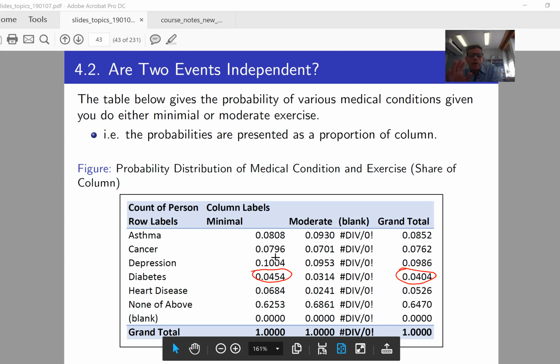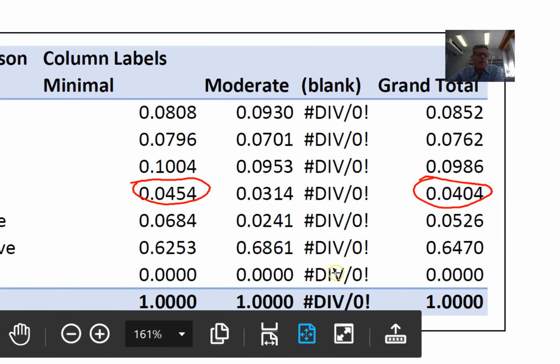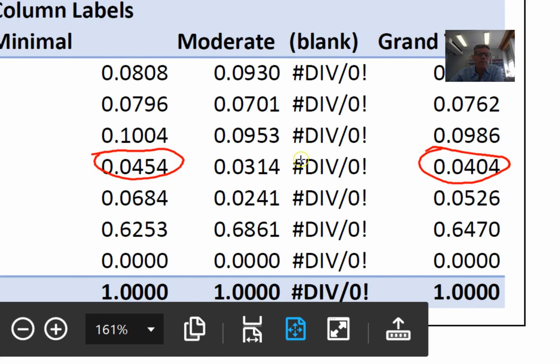For those in the population who exercise quite frequently, moderate or higher, then there's only a 3% chance that those people will have diabetes. So there's something different about these people compared to these people. The people who engage in moderate exercise have a much smaller chance of having diabetes than those who engage in minimal exercise. That's a clue to us that there's a relationship between the amount of exercise you have and your likelihood of diabetes.